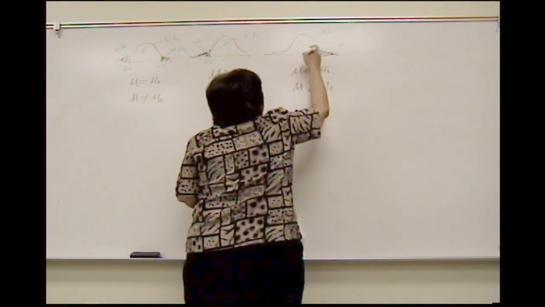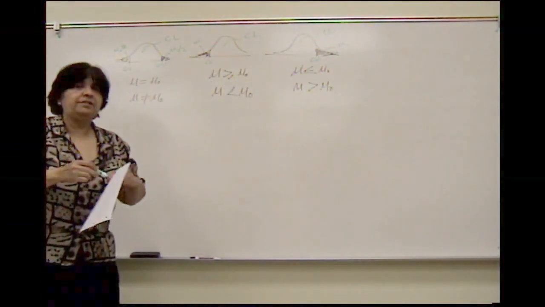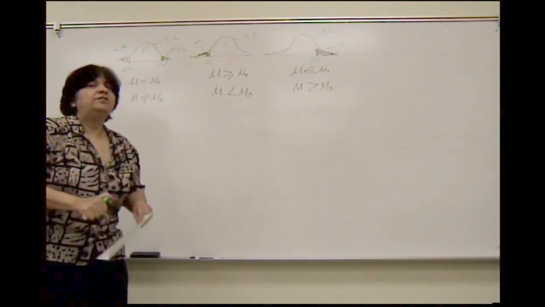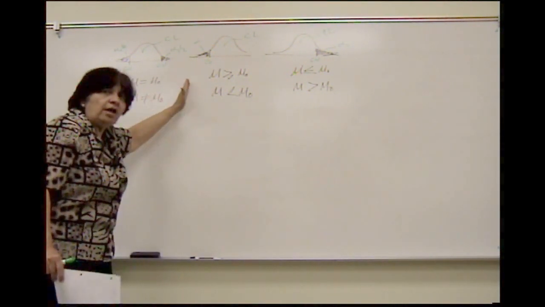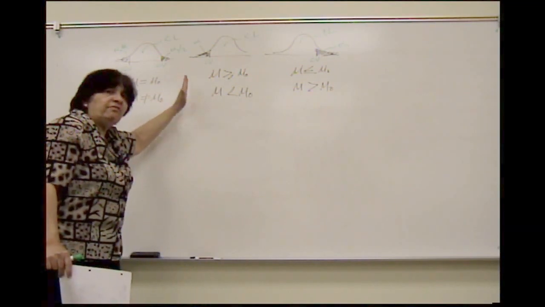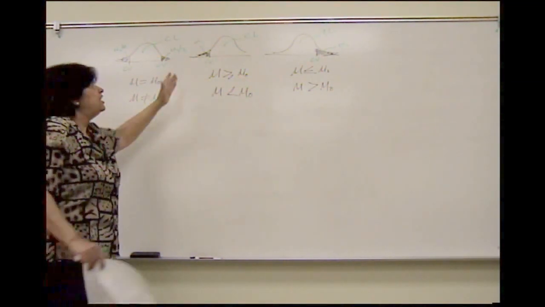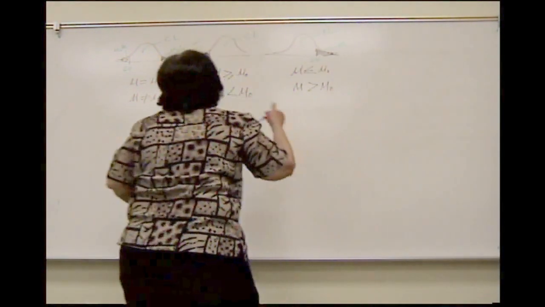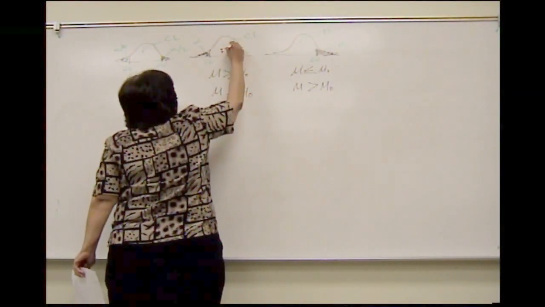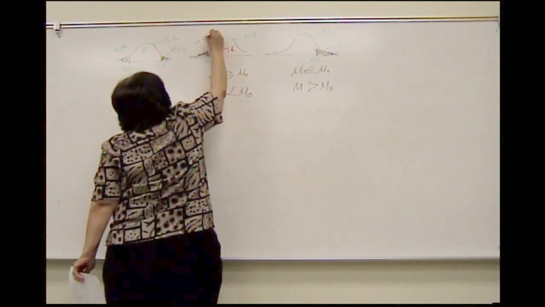It really depends on if it's a standard normal distribution or a t distribution, you're going to get this critical value, and the critical value is nothing but the value that divides the fail to reject zone and the rejection zone.